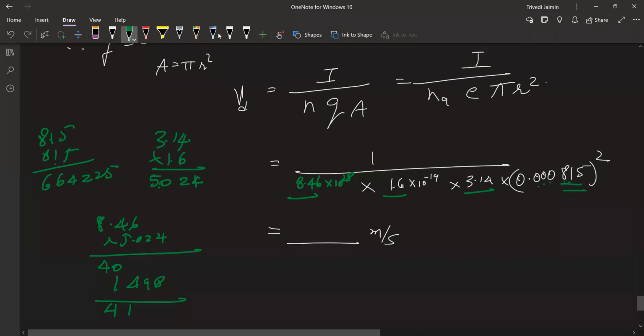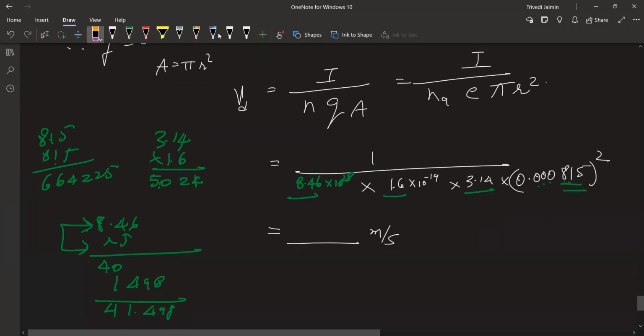So 41.49. 42.50, sir. 48. 42.50, sir. Which one? This multiplication? Yes, sir. That multiplication is 42.50. Okay, let's just take this one.